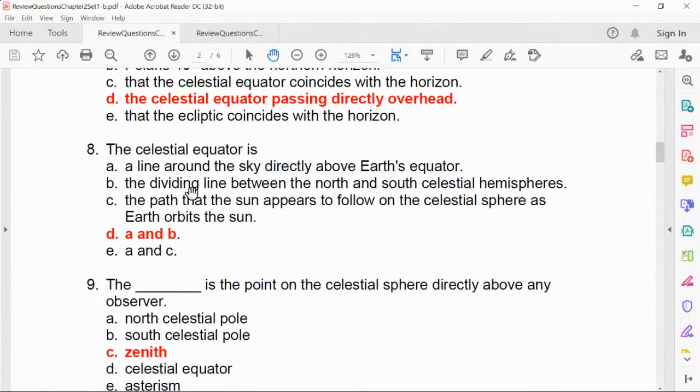8, the celestial equator is a line around the sky above the equator. That's true. The dividing line between north and south celestial hemisphere, and I told you hemisphere means half of the sphere, and that's why we can talk about the northern hemisphere and the southern hemisphere. So actually these two answers are correct for number 8.